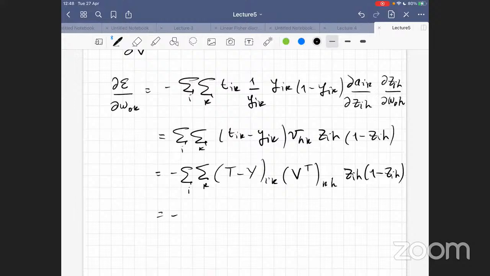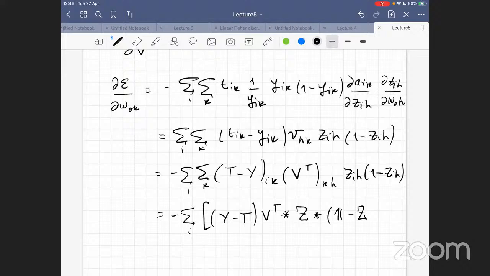So there is this product, which is not a matrix product, but an element by element product, if you want, which is the following. So this part is the same: y minus t times V transpose, and this is the element by element product of Z and of 1 minus Z. And the whole thing has elements ih.